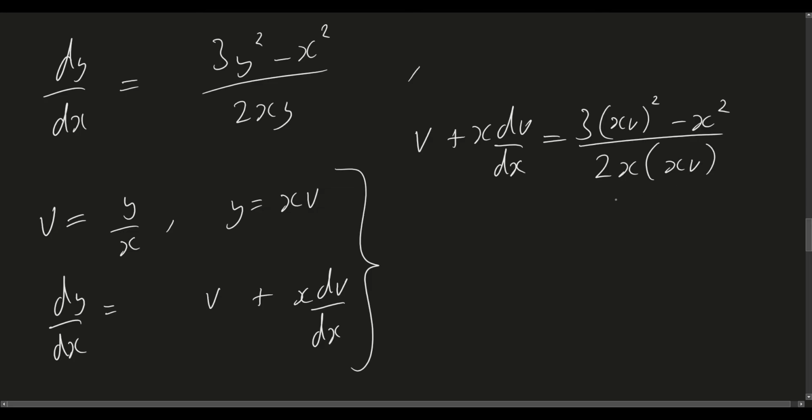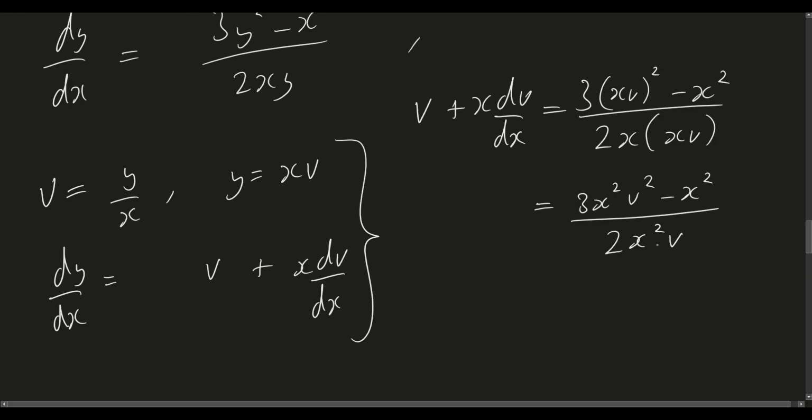Okay, let's quickly see if we can simplify the right hand side at all. So we will have 3 times x squared v squared, so we'll write that out as 3x squared v squared minus the x squared, all divided by 2x squared v.